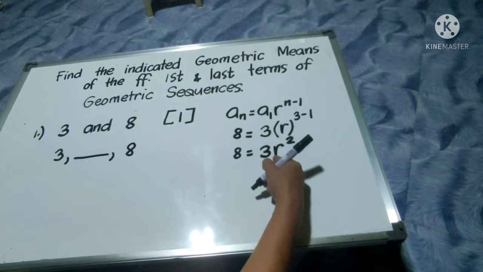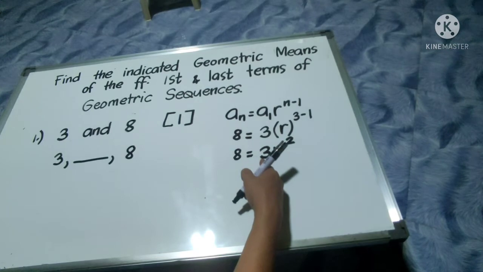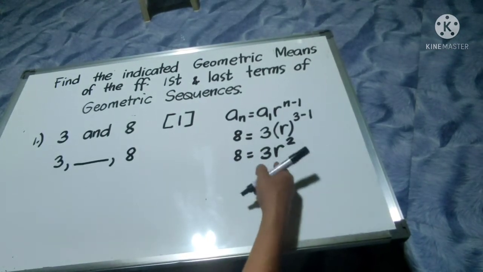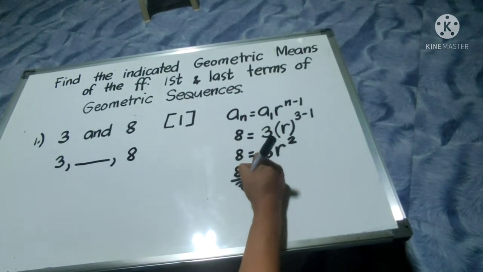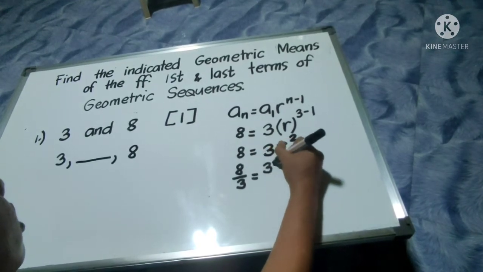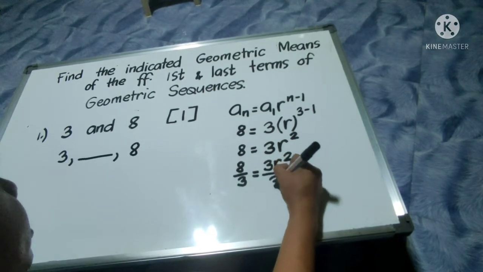Therefore, we need to eliminate the numerical coefficient of r, which is 3. And that is possible only by dividing both sides of the equation by 3. So you will have 8 divided by 3 is equal to 3 r squared all over 3.